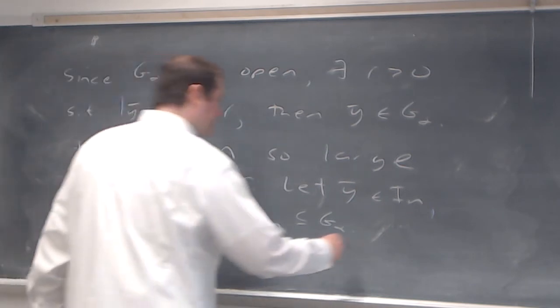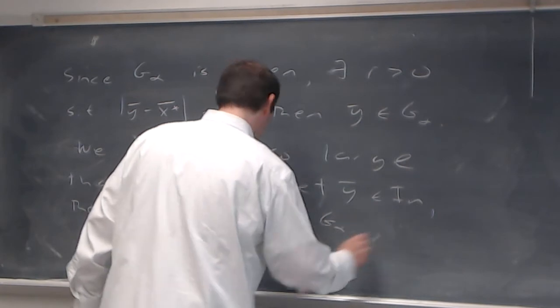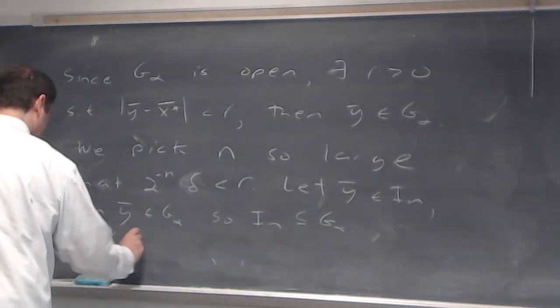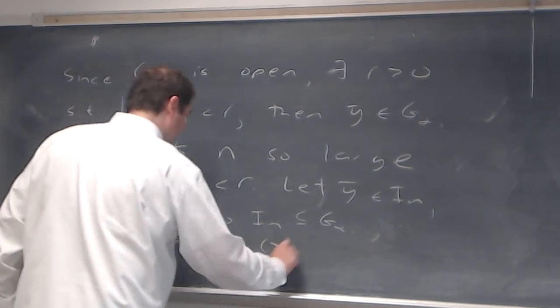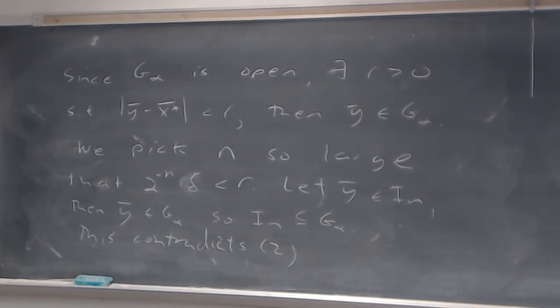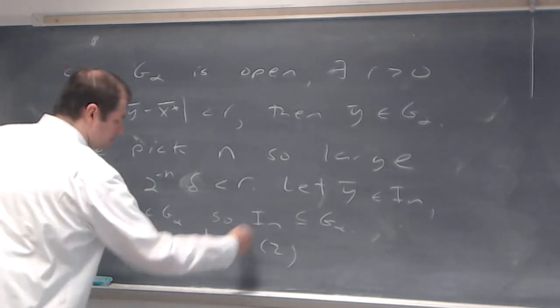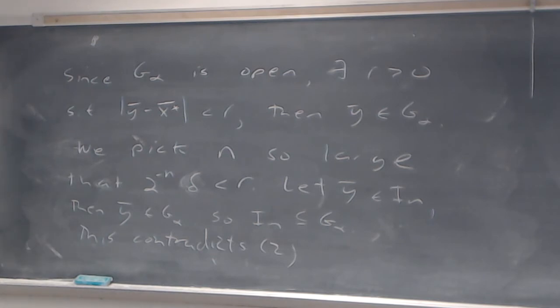And that's a contradiction to the second thing, that no finite subcover of the collection of G sub alpha can cover I sub n, any one of them, but I've got them all in one G sub alpha. And that concludes that proof.